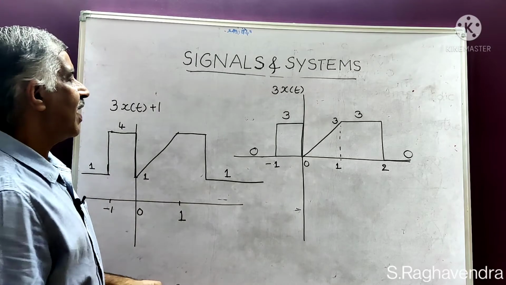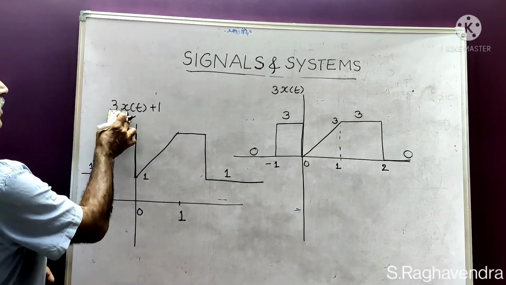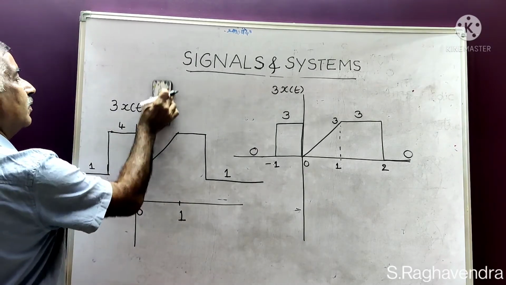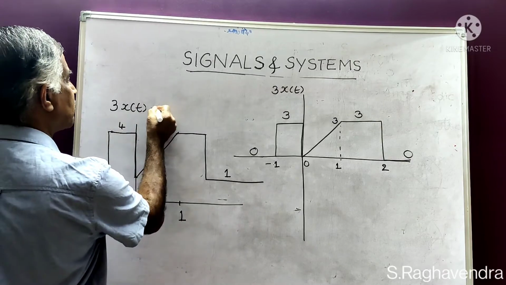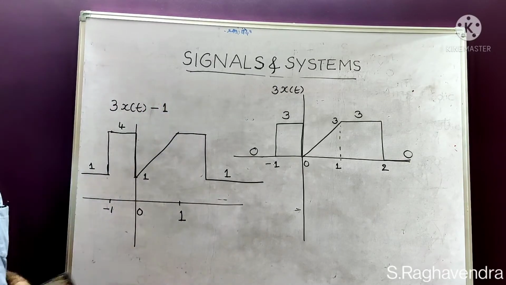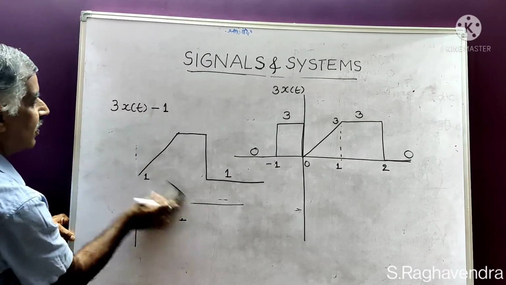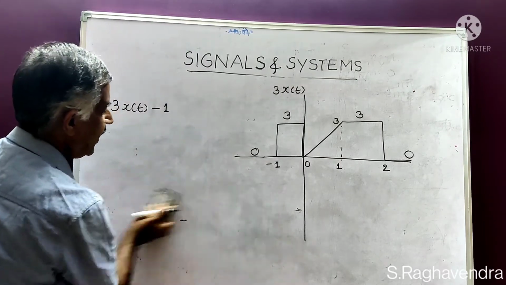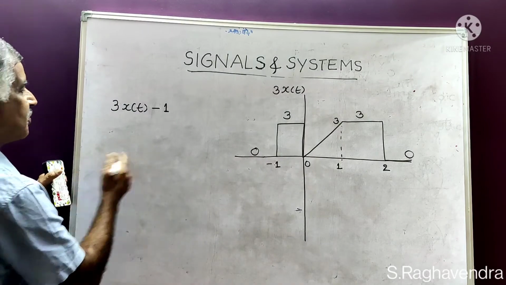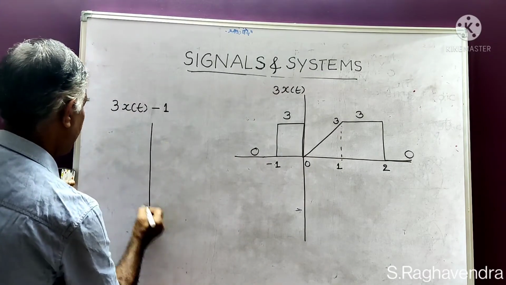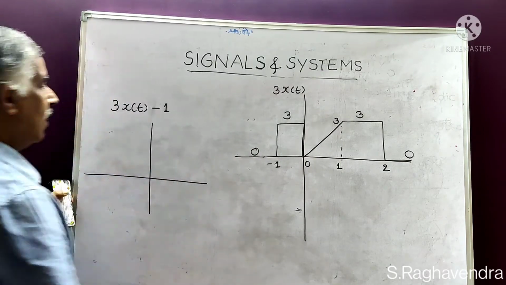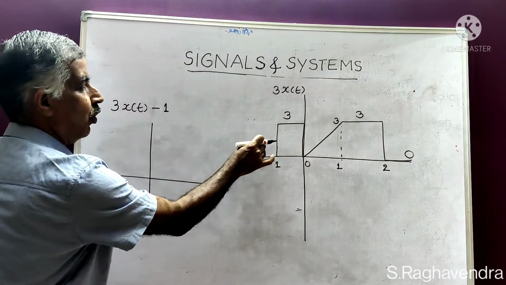Now I will take the example of sketching 3x(t) minus 1. So here as usual 0 here.